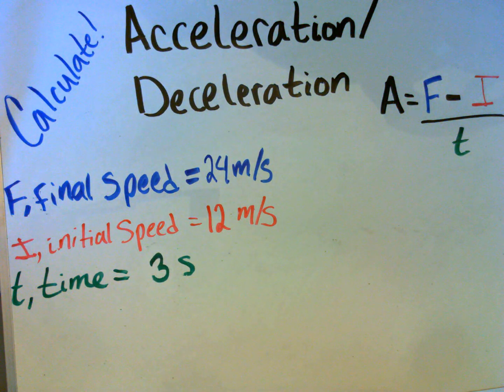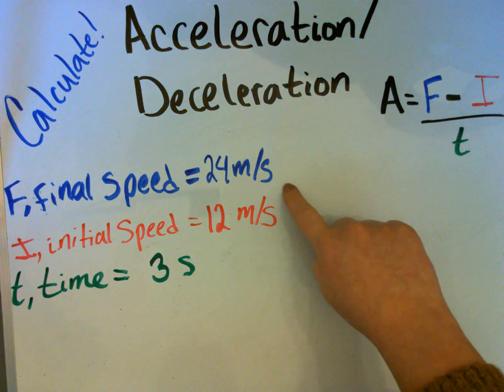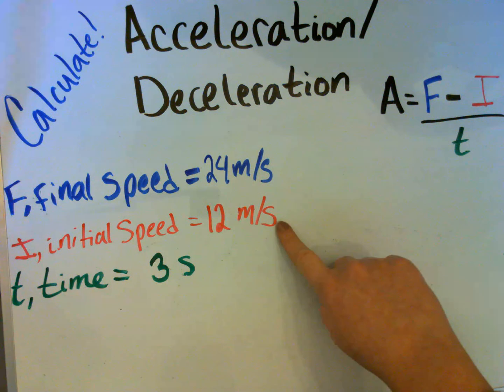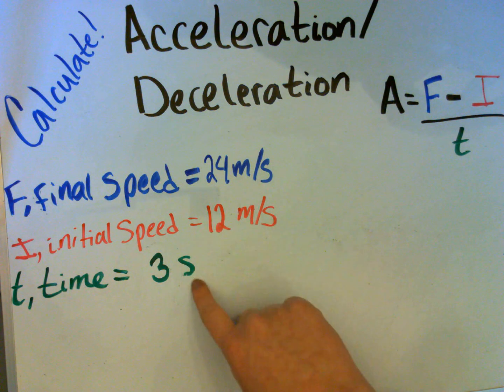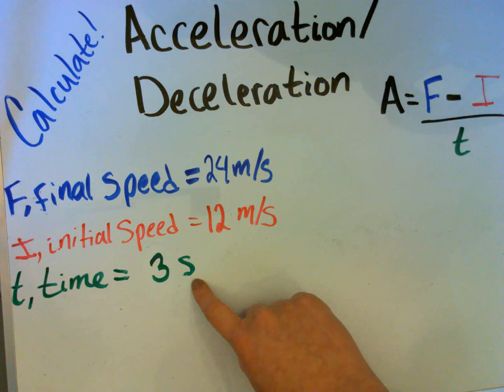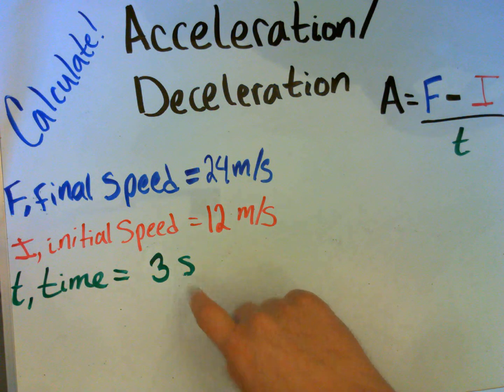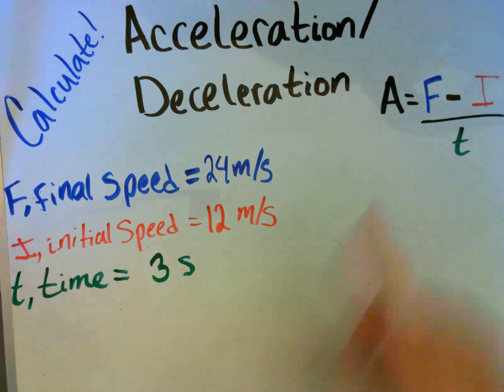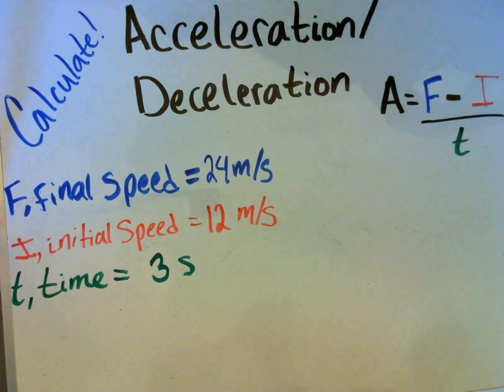For our next example, our final speed is going to be 24 meters per second. Our initial speed is 12 meters per second, and our time to go from our initial speed to final speed is 3 seconds. So let's set up our equation again.